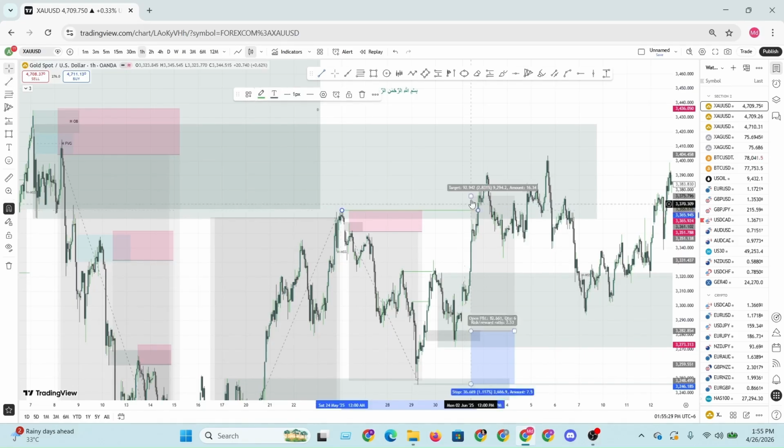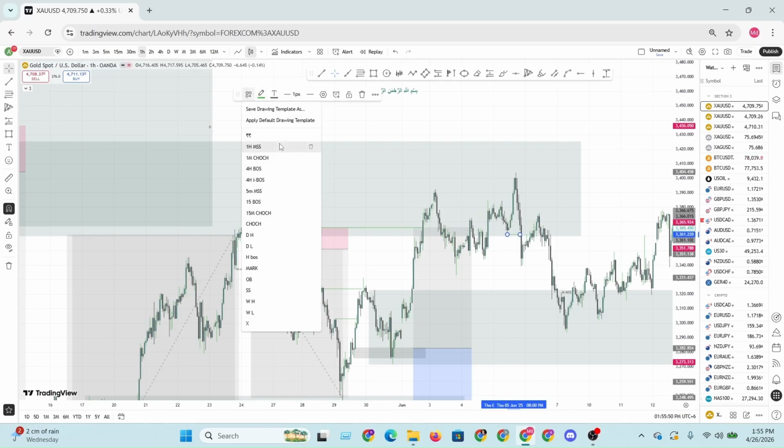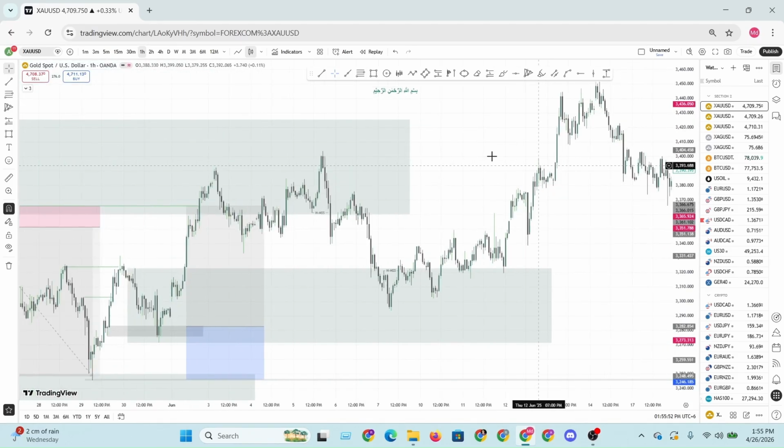Okay, and again wait for the MSS. Okay, see the MSS is here, and this is the extreme zone.